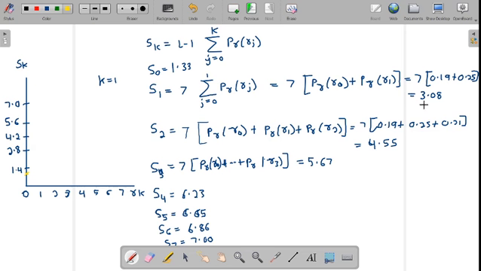S1 is 3.08. Okay, so R1 was converted to 3.08. Next, 2 means 4.55. Okay.